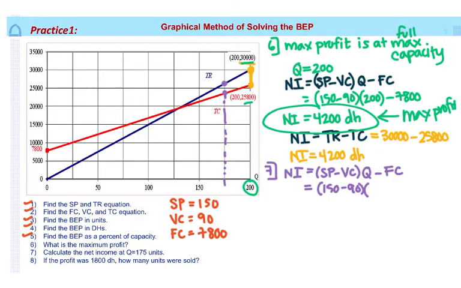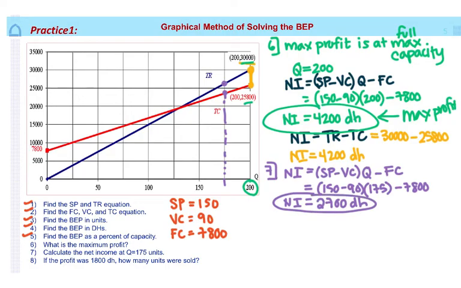The quantity in this case they said was 175 and minus 7,800. So we would get a net income there of 2,700 dirhams.